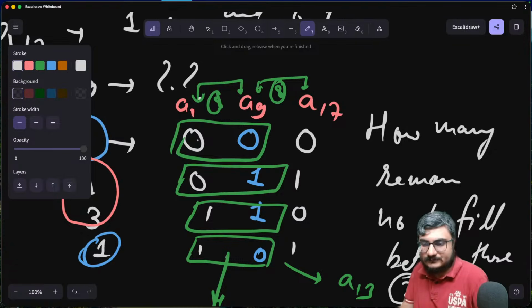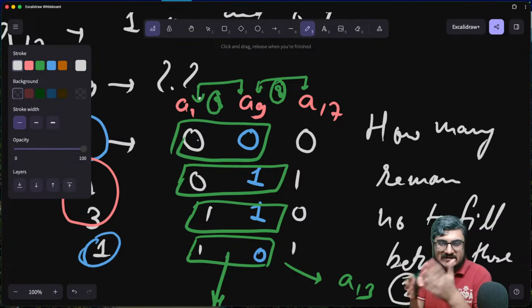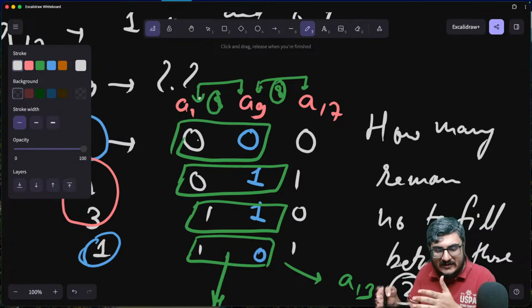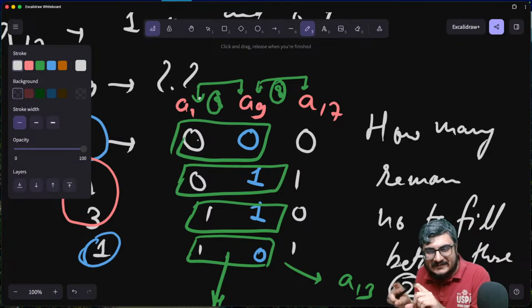That's all I need. I care less about the original indexes of the two numbers. If I know how many numbers I have to fill in between, then I can keep filling in the numbers inside it.